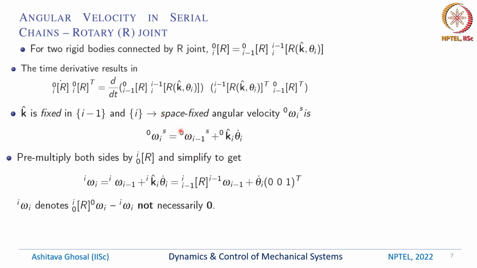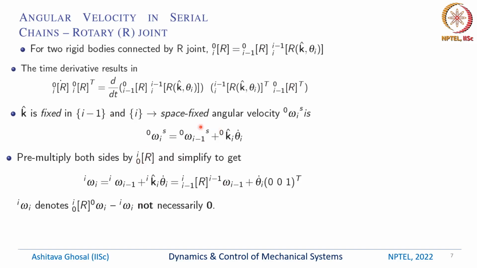If you pre-multiply this equation with R from i to 0, what is that? It is nothing but the transpose of this rotation matrix. So it is 0 with respect to i. Until now we were doing i with respect to 0, so this is the inverse of the rotation matrix, which is the same as the transpose.